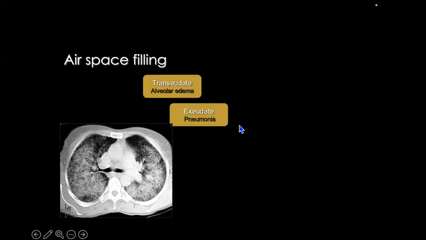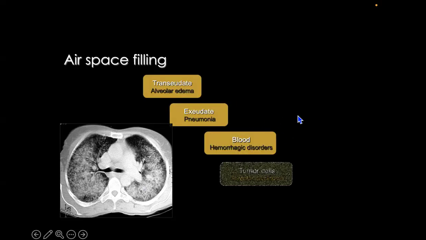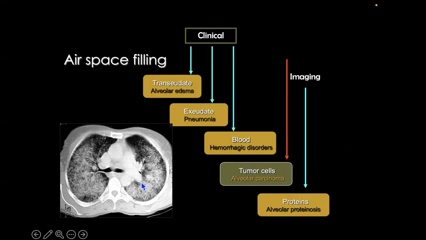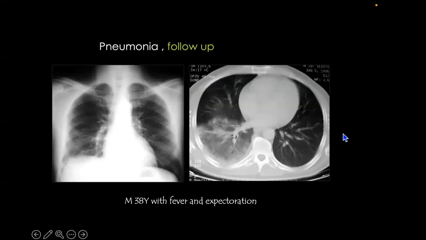If it's non-cardiac, the differential is very wide and includes many conditions. So alveolar edema, it could be blood, it could be tumor cells, alveolar cell carcinoma, it could be alveolar proteinosis. All these can give the same picture, but that will depend on the clinical presentation and the other findings, especially the laboratory.